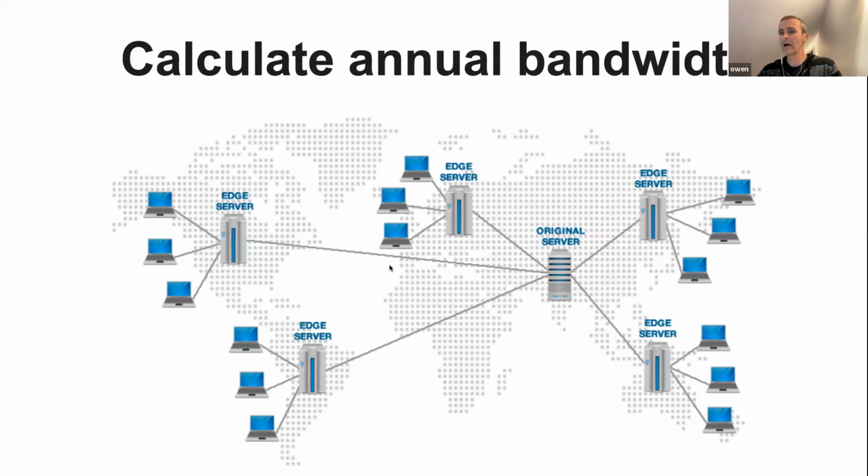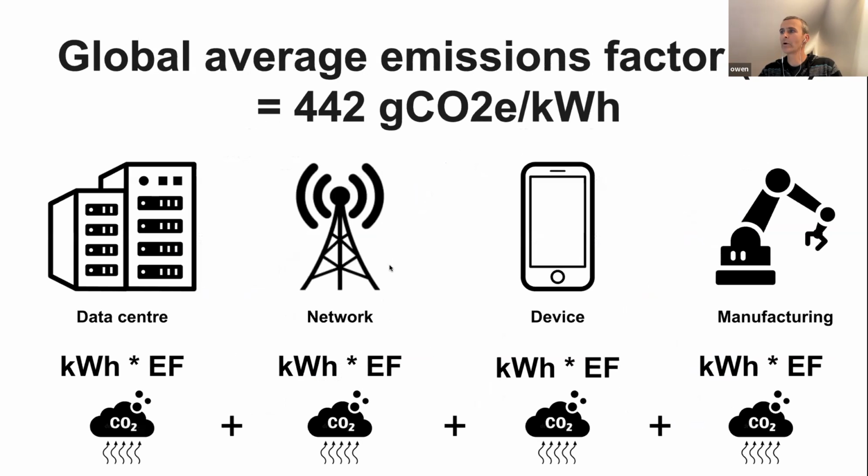But it's pretty lossy, because there are lots of requests to your website that may not render JavaScript, may not get processed through Google Analytics. Anyway, my recommendation is to check your CDN or check your load balancer, and you should be able to calculate this. So with this number, we can then start to apply some emissions factors.